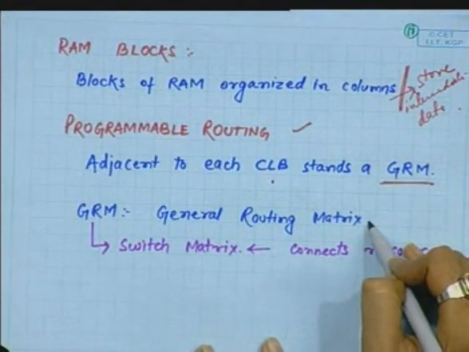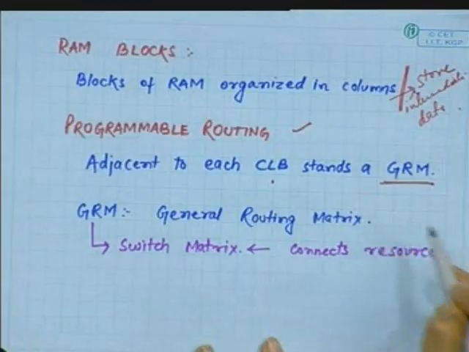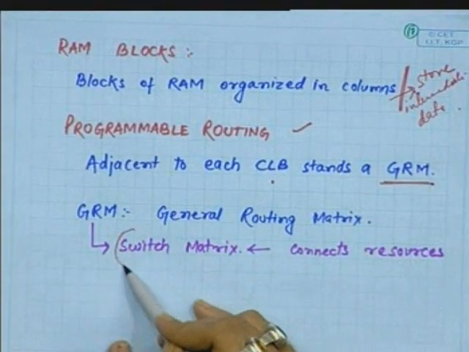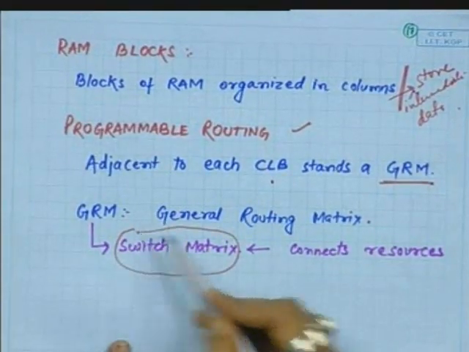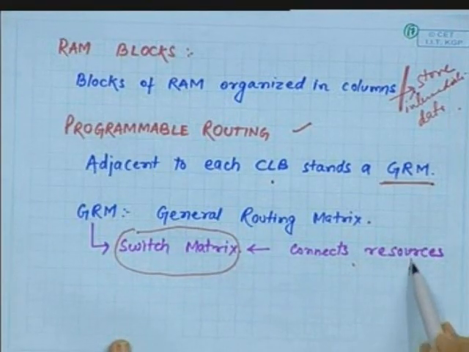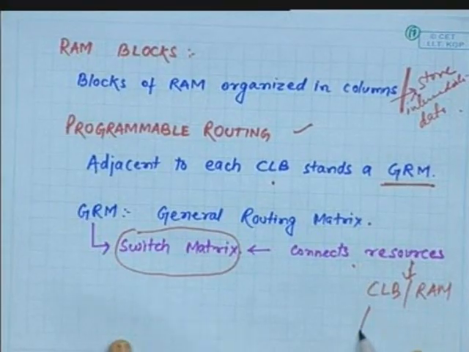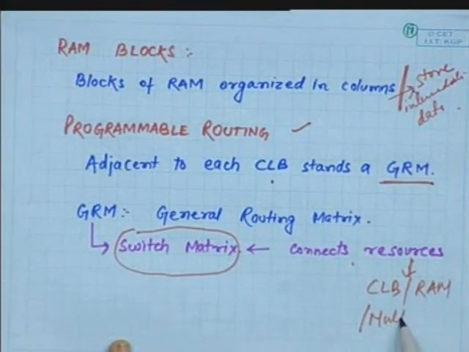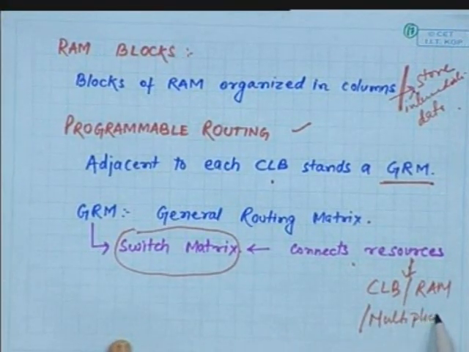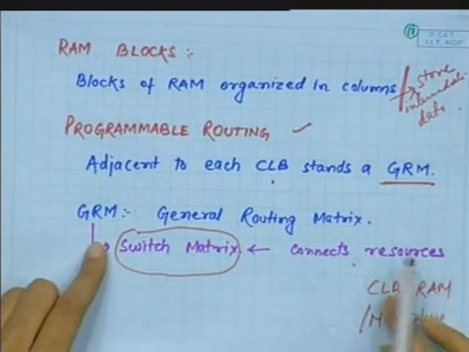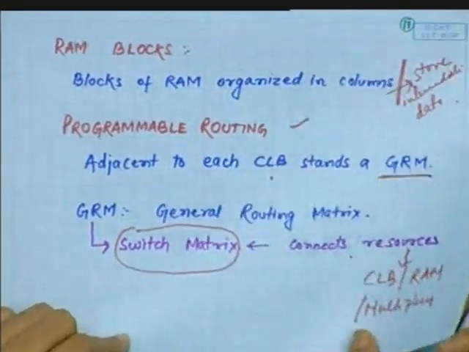GRM stands for general routing matrix, which is basically, we talked about the switch matrix, and it connects the CLBs. Resources are your CLBs, RAM, multipliers. So this GRM interconnects these resources.